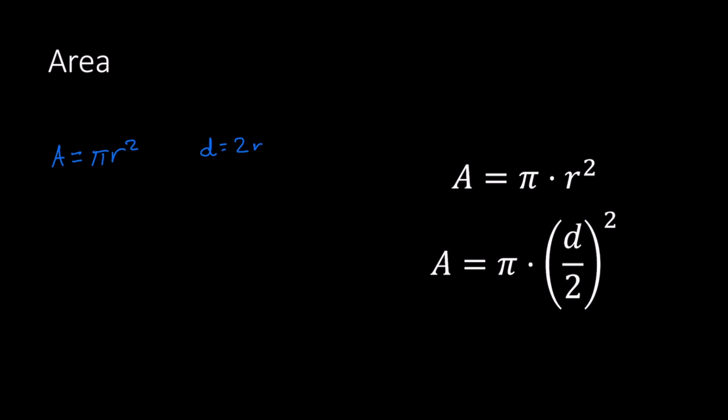So this is equation 1, this is equation 2. If we rearrange equation 2, so divide by 2, we get d over 2 equals r. So then we can just replace that into there, and we get A is equal to pi times (d over 2) squared.